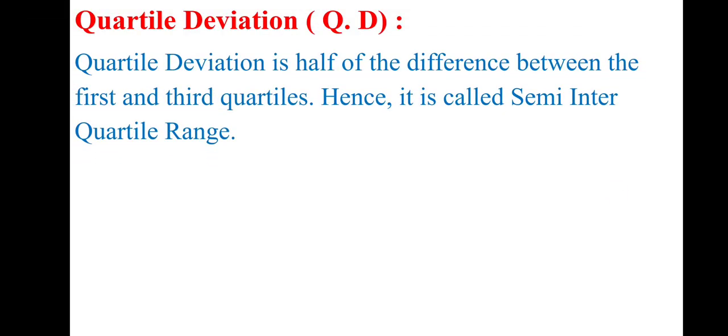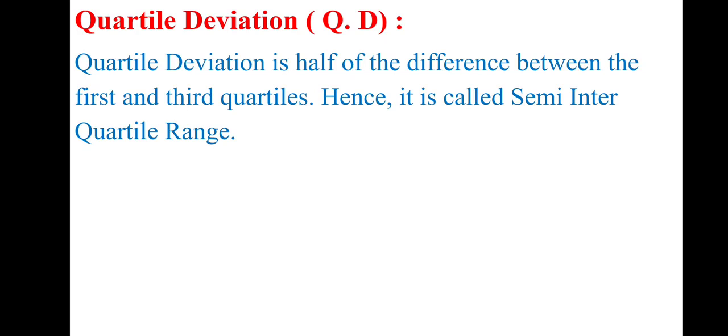Quartile deviation is half of the difference between the first and third quartiles. Hence it is called semi-interquartile range.